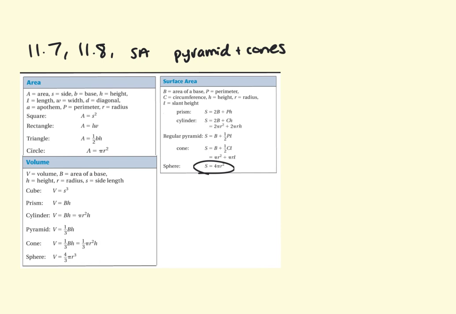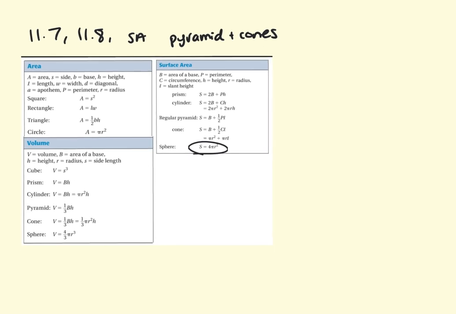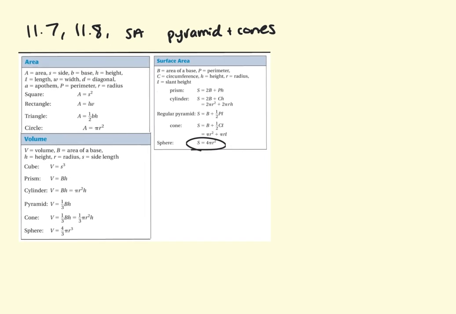If you are given the scale factor, and there's a question on the review, and there's obviously a question in the warm-up and in the notes, but if you're given the volumes of one of two similar solids, then you're going to set up your ratio of similar solids.